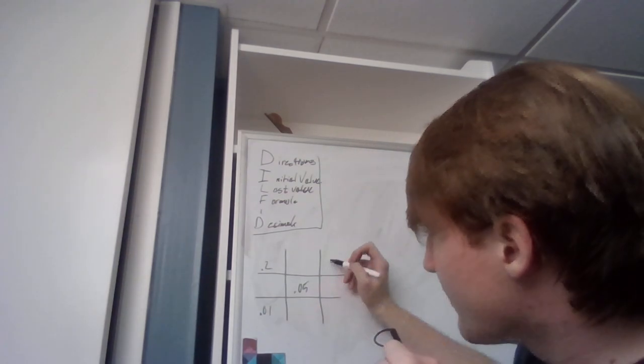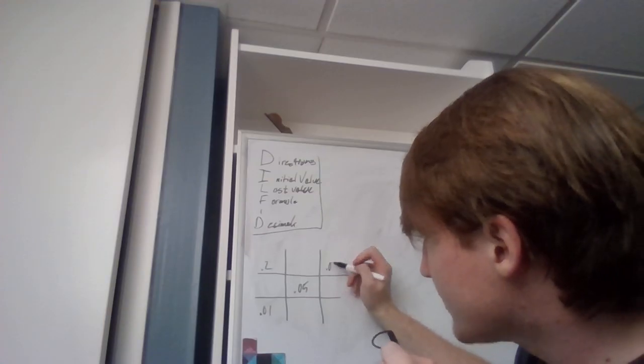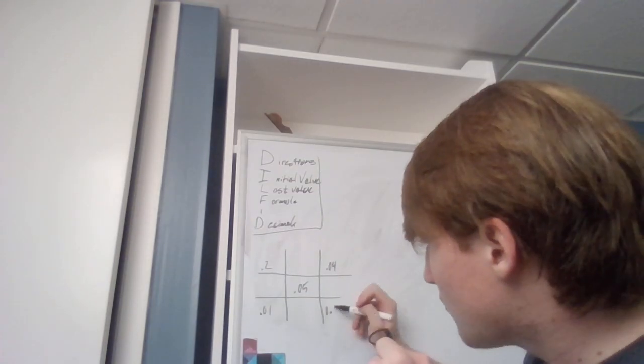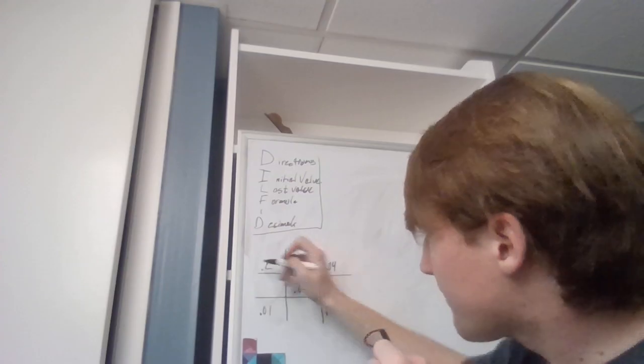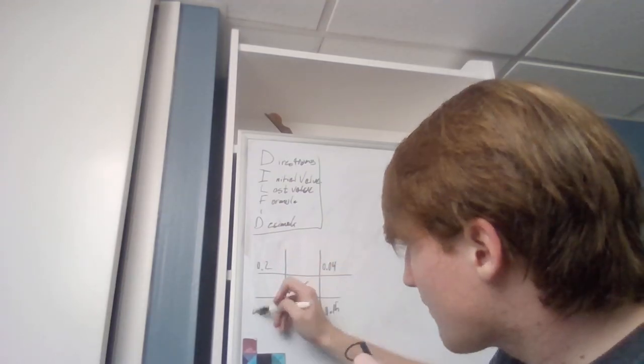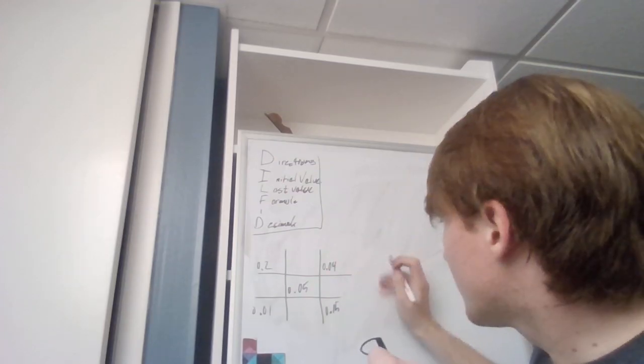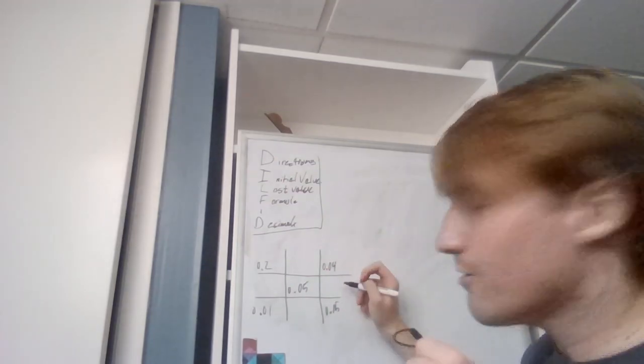Going up through this way, subtracting, we get 0.04. Going down this way, we get 0.15. And so these two are in a ratio to one another.